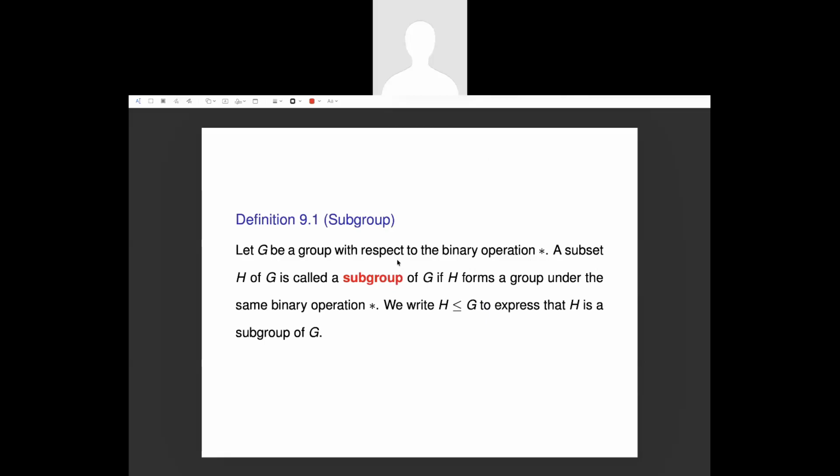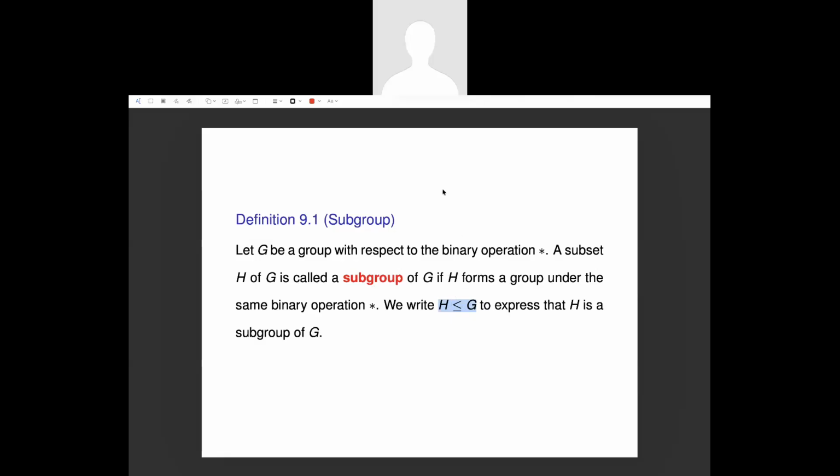A subset H of a group G is called a subgroup of G if H itself is a group under the same binary operation as that of G. We denote this as H ≤ G, which means H is a subgroup of G. This is the notation we use to say that H is a subgroup of a group G.